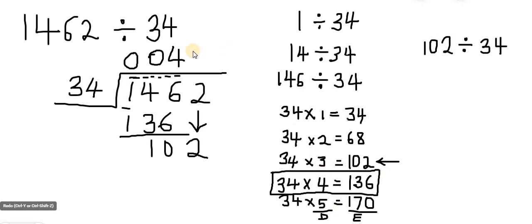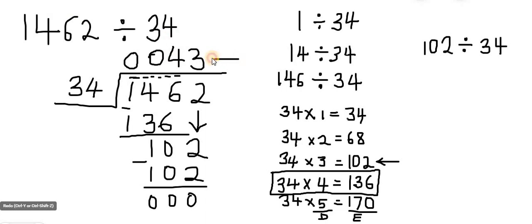We put that above 2. And we take the answer in column E from that line, 102. And we subtract. We have 3 zeros, or just 0. So we can stop. 1462 divided by 34 is the answer here, which we can just say by dropping the zeros in front is just 43.